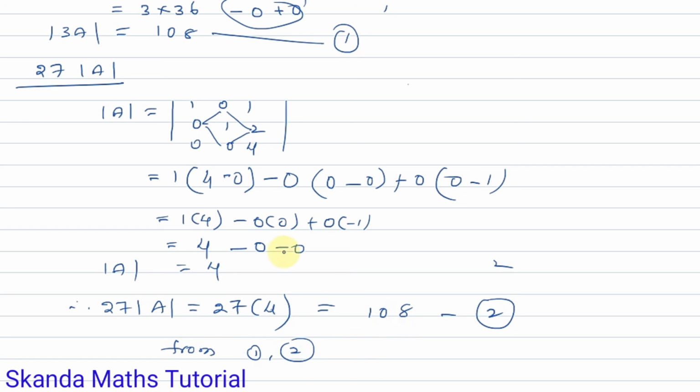What can you observe? The determinant of 3A is equal to 27 into determinant of A. This is the solution for this problem. Here it is, determinant of 3A is equal to 27 determinant of A.